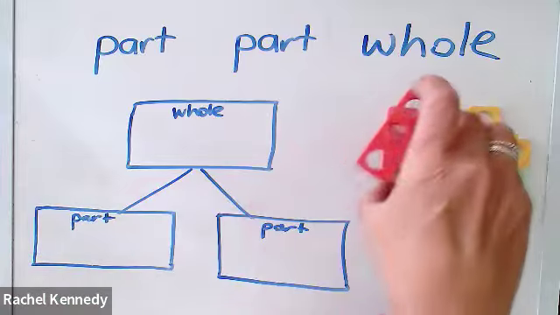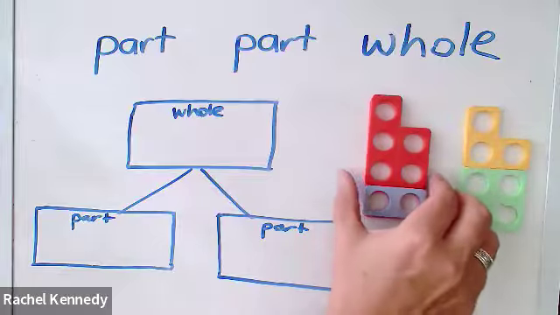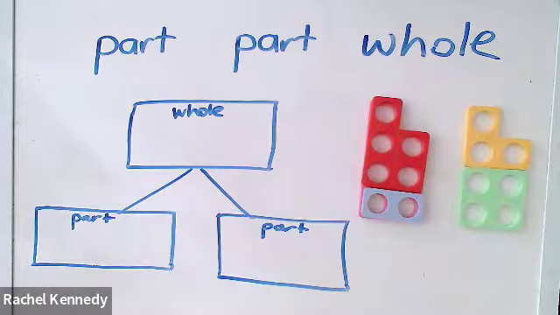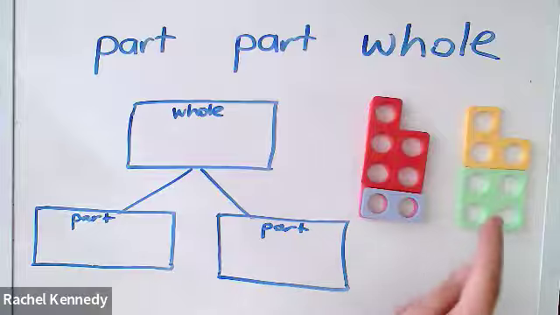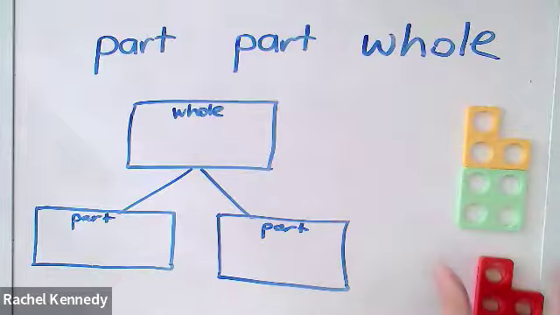But another thing that we want kids to understand is that there are multiple ways, multiple combinations of 2 parts making that whole. Okay, and then you can get into the relationship of, you know, if the whole is an odd number, then there has to be an even and an odd part. Or if the whole is an even number, it could be made up of 2 odds or 2 evens.